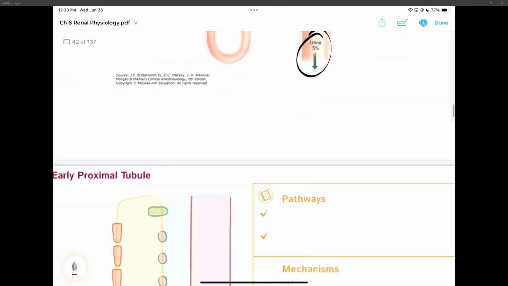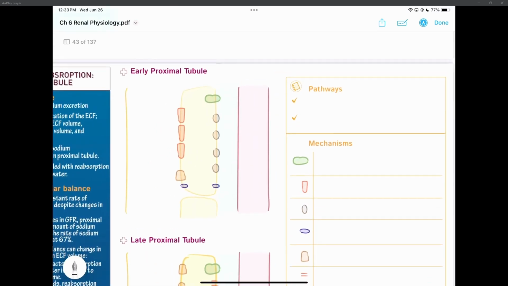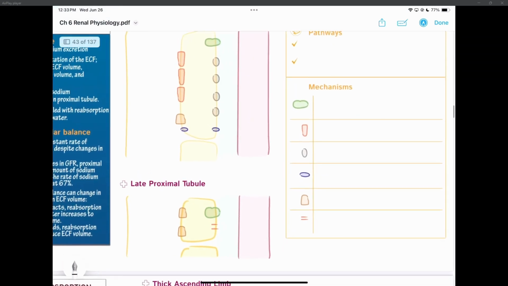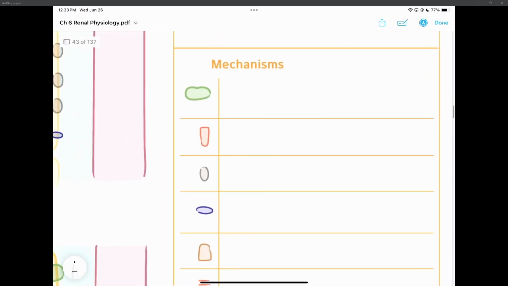Okay, so let's talk about what is going on first in the early proximal tubule and then the late proximal tubule. So let's talk about what all these different symbols mean. The first little green blob, if I put ATP in it, what do you think it is?